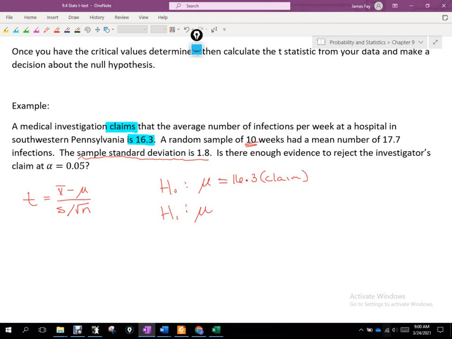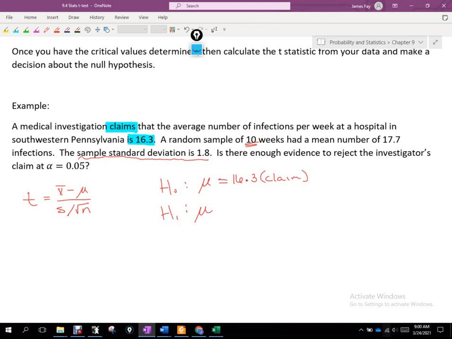Because if I'm a patient, I don't want to go to a cesspool of infectious people to get healthy, right? Okay, so that may be data that people will know. Now it says a random sample of 10 weeks had a mean number of 17.7. Okay, is there enough evidence to reject the investigators' claim?